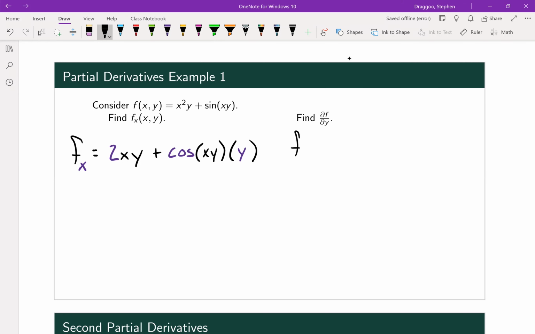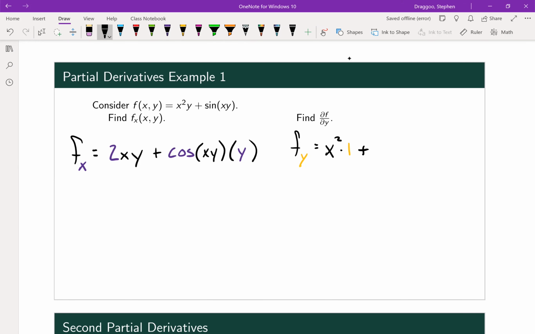If we do the same thing, but this time get the partial derivative with respect to y. Again, I'm changing the notation for the derivative there just because the subscript one is my favorite because it requires the least amount of writing. But if we go through that again, the derivative of x squared times y should be x squared times 1. So we only need to take the derivative of the y terms.